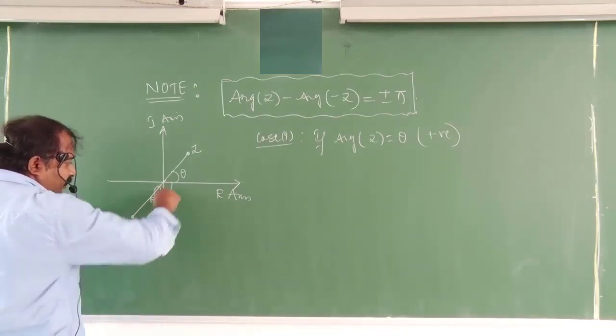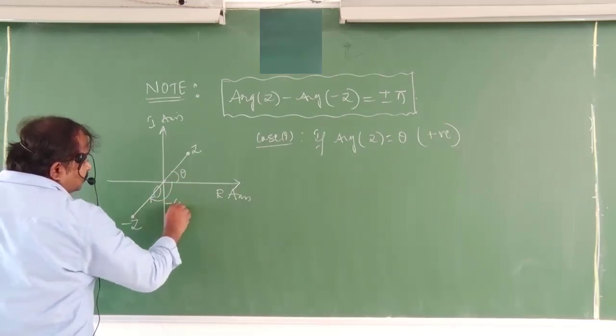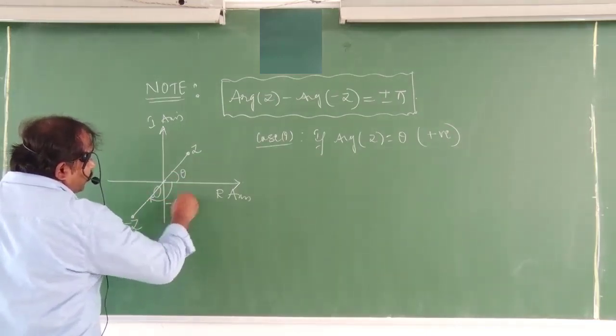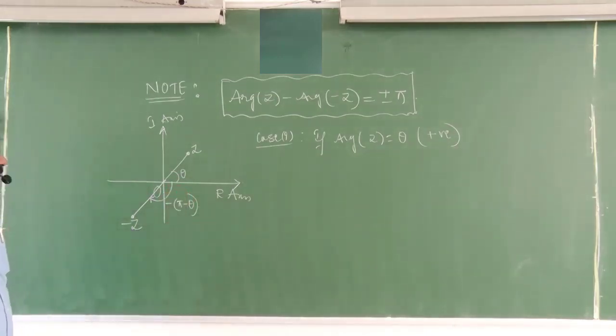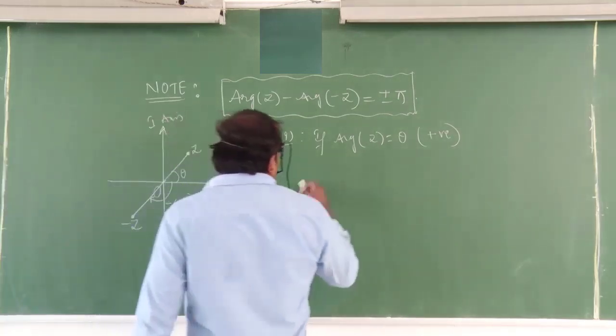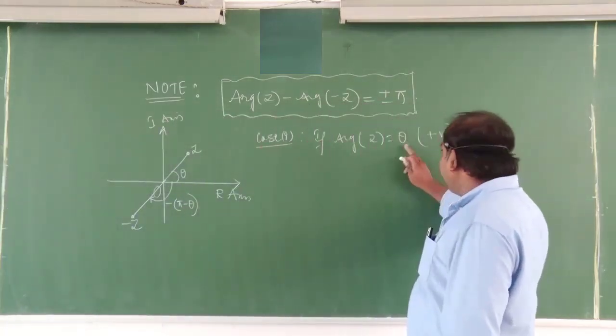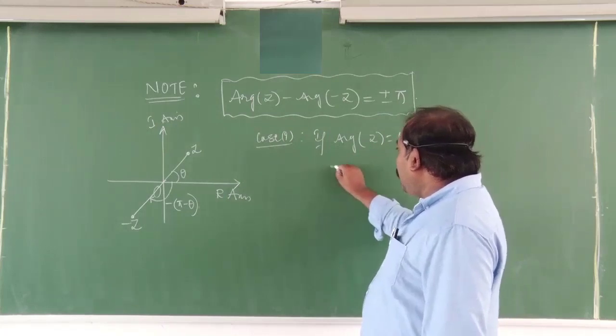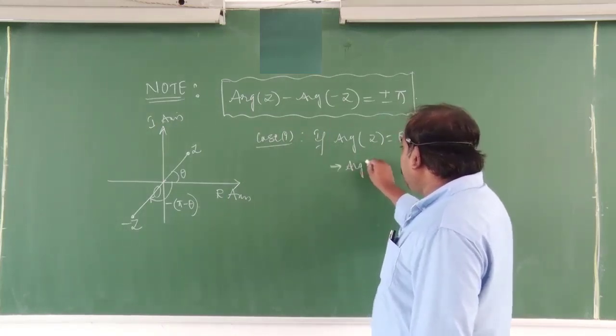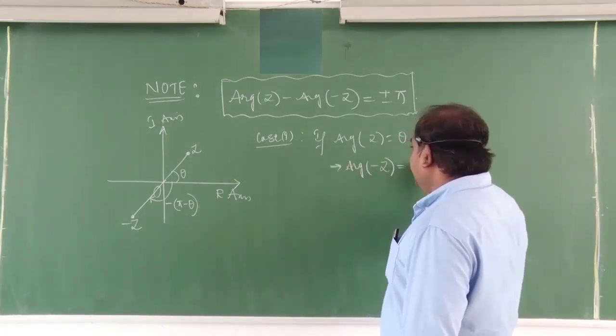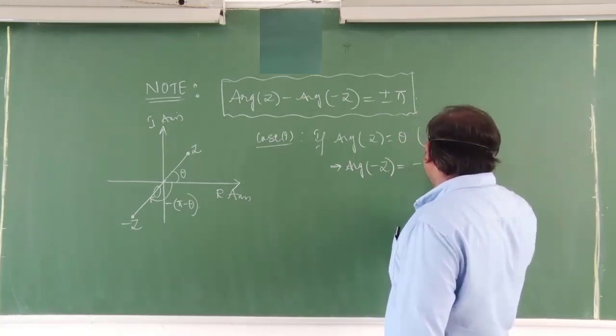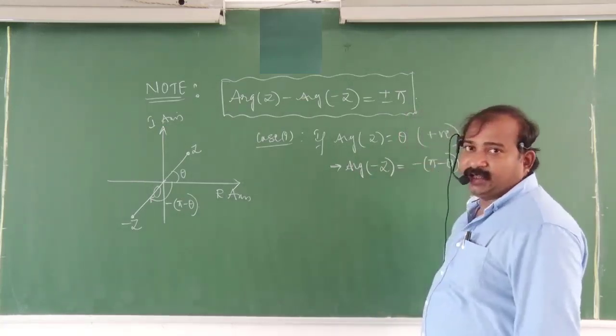But pi minus theta we can't take in this direction, so the value is minus of pi minus theta. So if argument of z is equal to theta, positive, then argument of minus z is minus of pi minus theta.